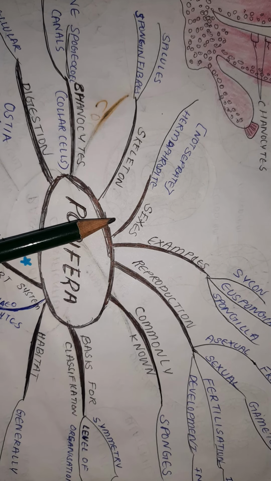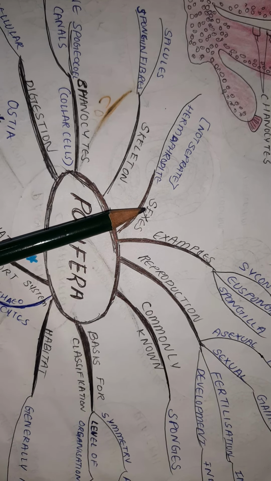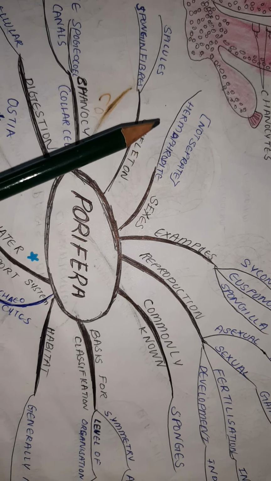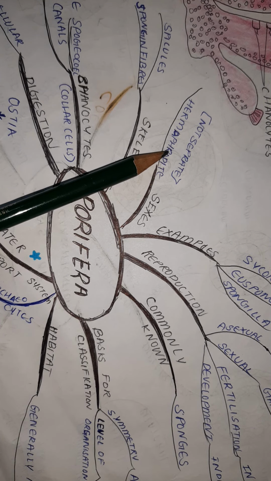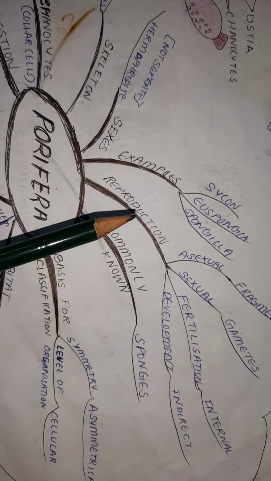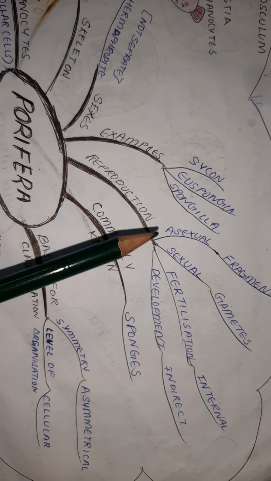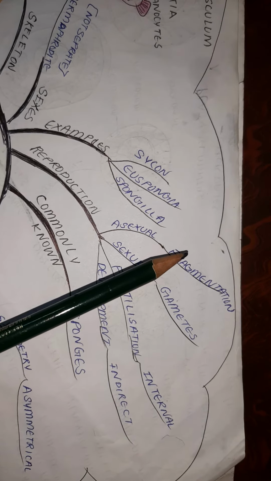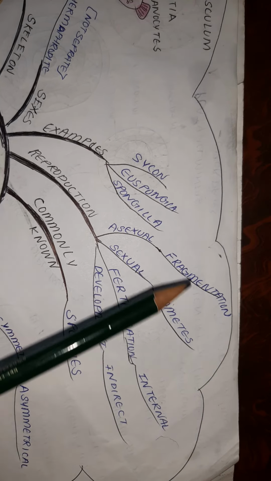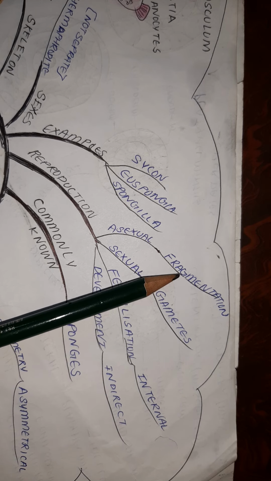The sexes. What about the male and female? They are hermaphrodites, meaning male and female in one body. The sexes are not separate. Reproduction. Reproduction can be asexual or sexual. If it is asexual, it happens in the form of fragmentation. The sponge body gets divided into fragments and each fragment will form another new individual.